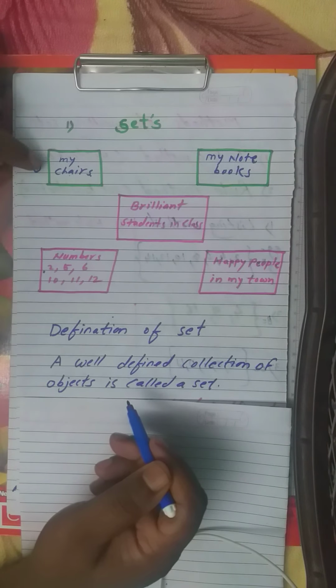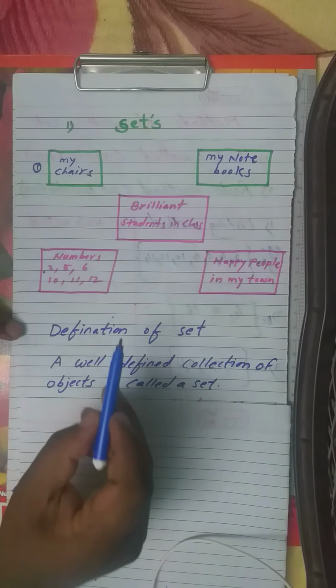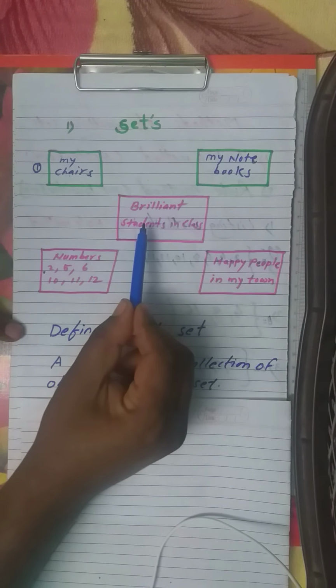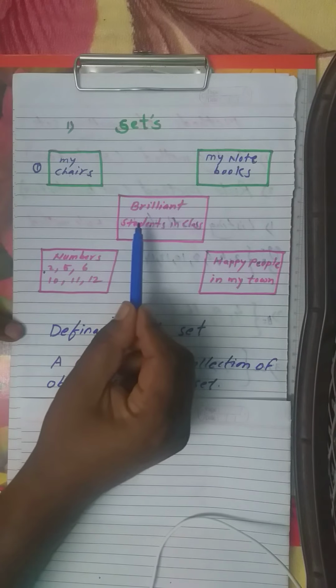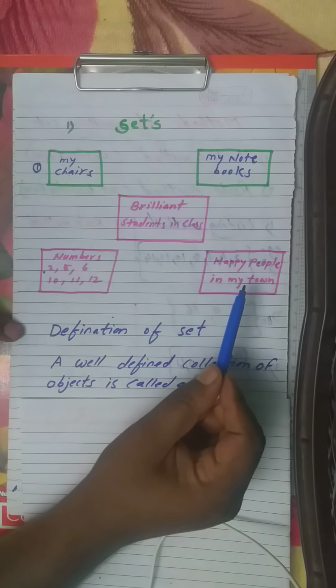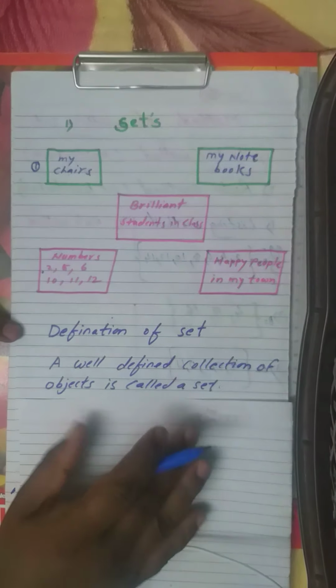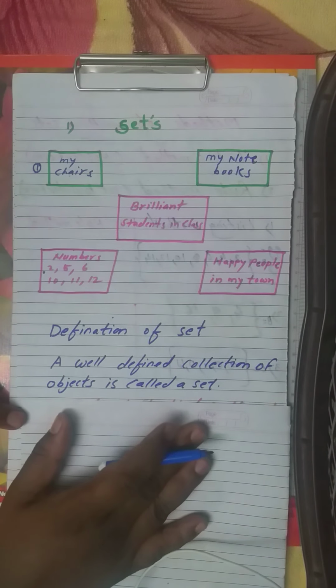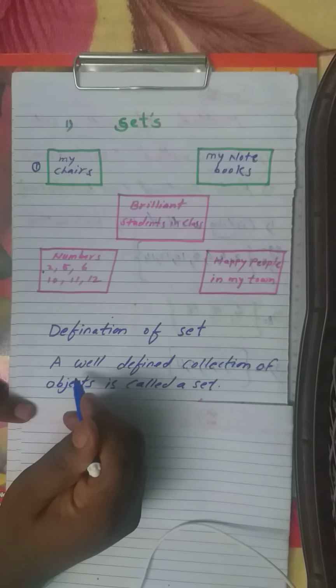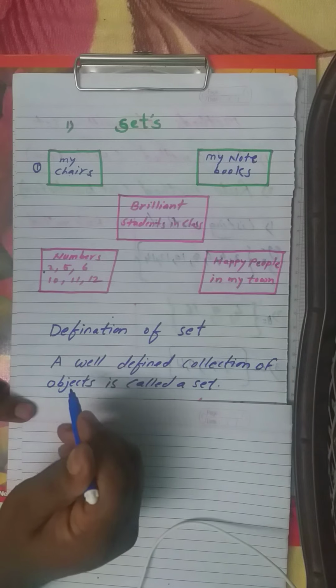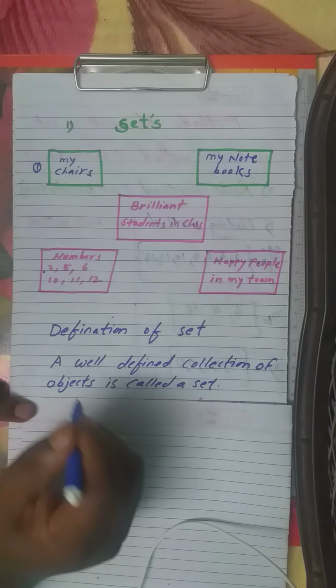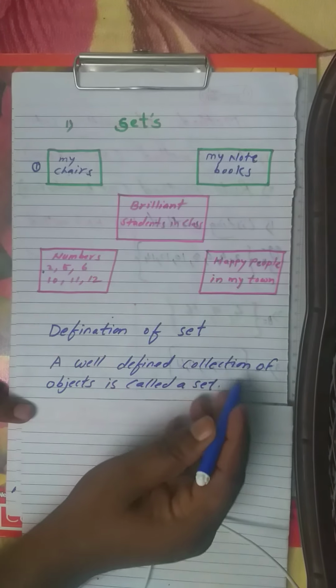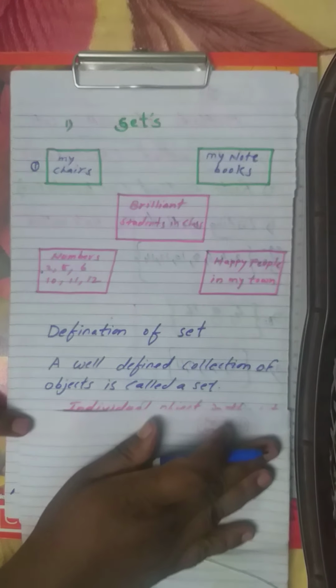For example, this is the set of chairs, this is the set of brilliant students, and this is the set of happy people in town. All students have to go through this definition. In examination, the definition of a set can be asked. A well defined collection of objects is called a set.